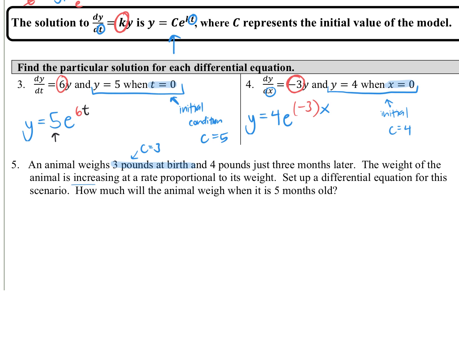So it says increasing, so I know that's going to be exponential growth, right? And then I can go ahead and write out my formula. So let's say dw for weight over dt is going to equal my constant k times my weight.